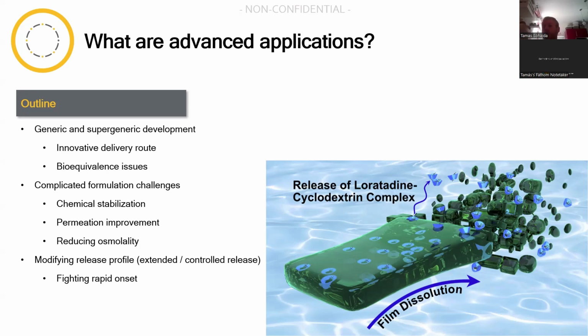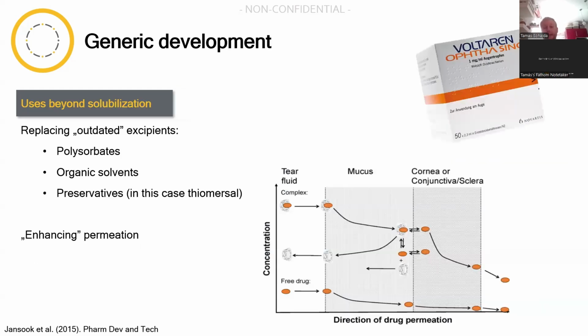So what if I don't want the active ingredient to release very fast? I want a controlled or an extended release. In these cases, you have to incorporate cyclodextrins, or the complexes, into other drug delivery systems. I'll show a few examples of those. And targeted delivery will be the last part that we'll tackle.